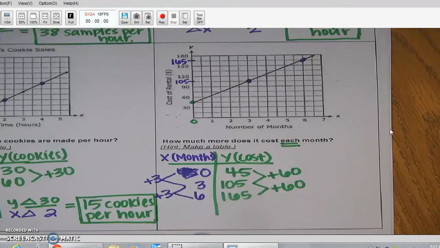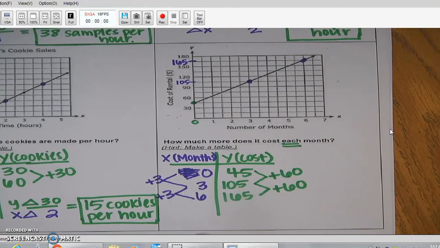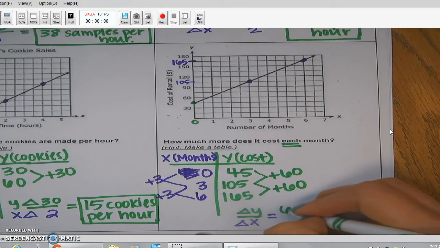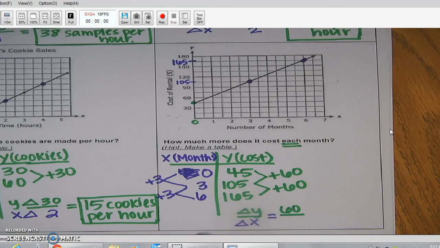But we want to know for every 1 month, how much did we add to the cost. So again, we're going to write the change in our Y values over the change in our X values. My change in Y was 60. My change in X was 3. Now I just need to simplify.